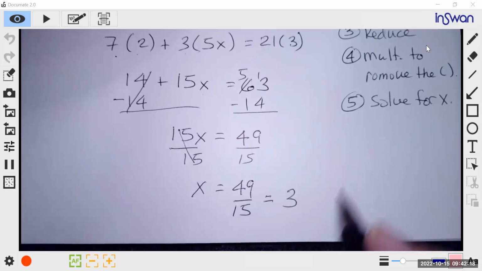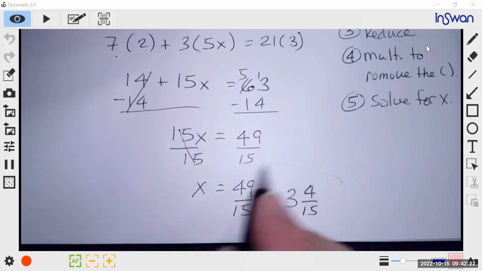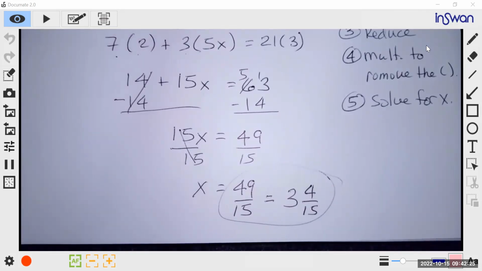With how many left over? Very good. So however the computer asks you to put the answer in, that's what you put in there. So whenever you have fractions, get rid of the fractions by doing that. Find the LCD, multiply the LCD, and then get rid of it from there.